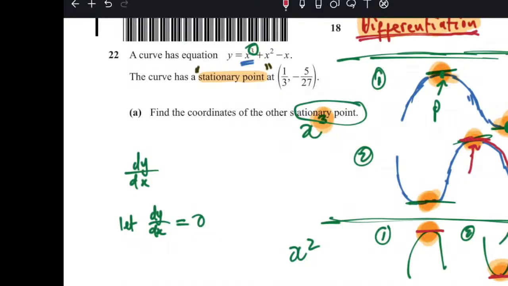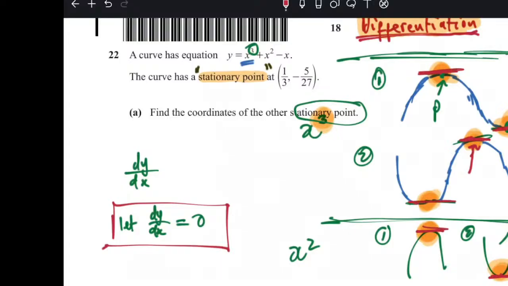So at the stationary point, it's the only point where dy dx is 0. What does it mean to say dy dx is 0? It means the gradient, the slope, is 0. It's flat. If the line is a flat line, then that means dy dx is 0.